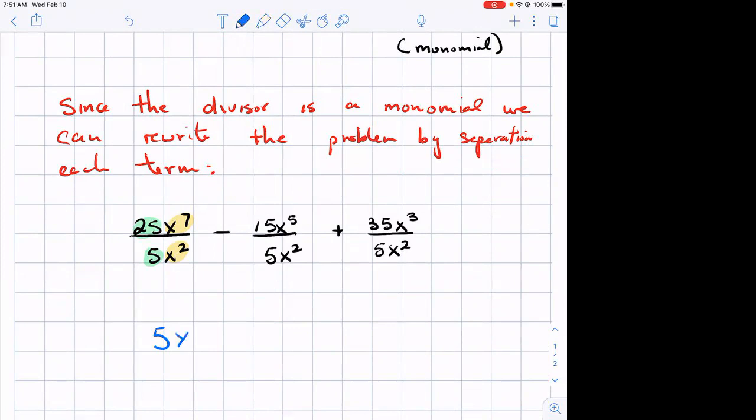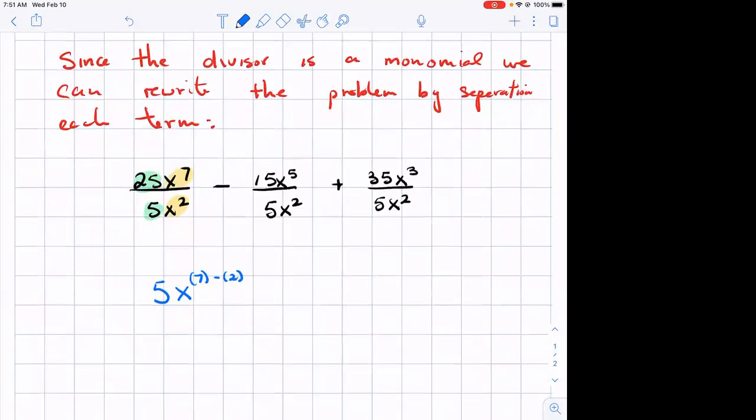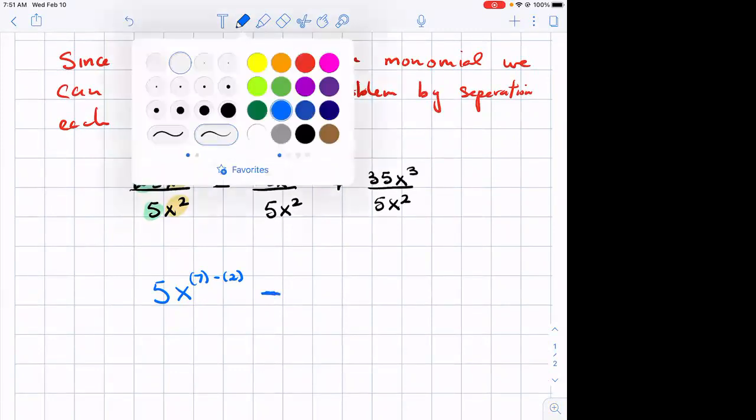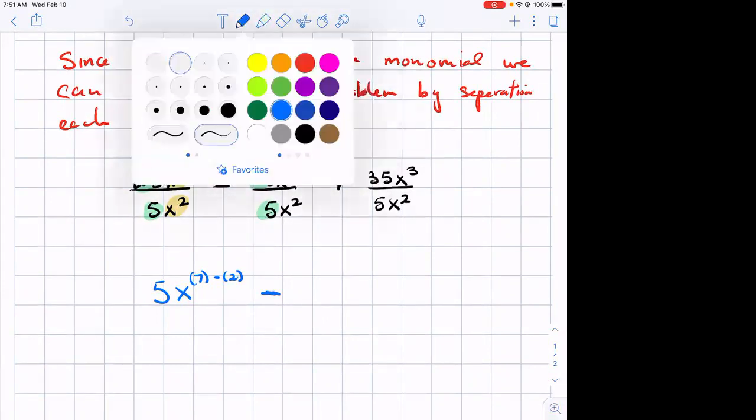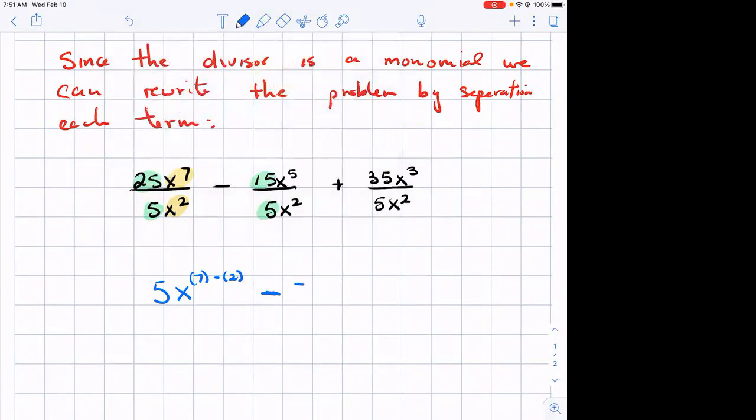So this becomes x to the numerator power minus the denominator power. I'm writing it out since this is the first example, so you see what I'm doing.